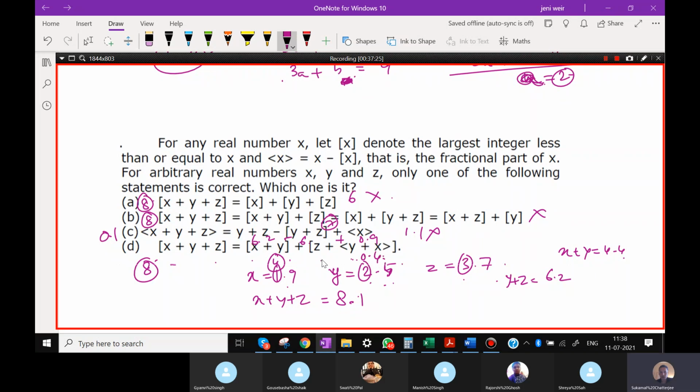Z is equal to 3.7. So 3.7 plus 0.4 is 4.1. And the integer part would be 4. So 4 plus 4 is 8. So this is the correct choice. Okay.